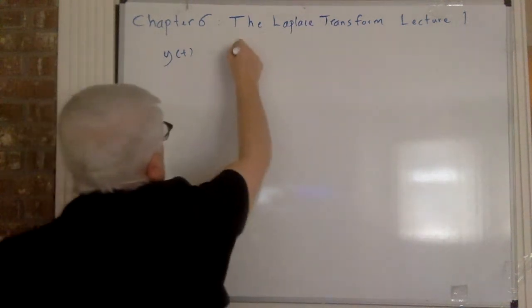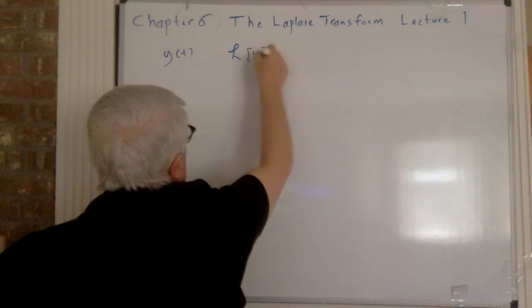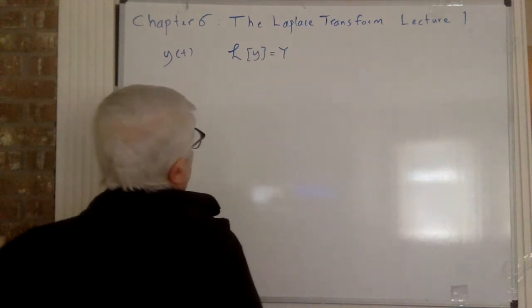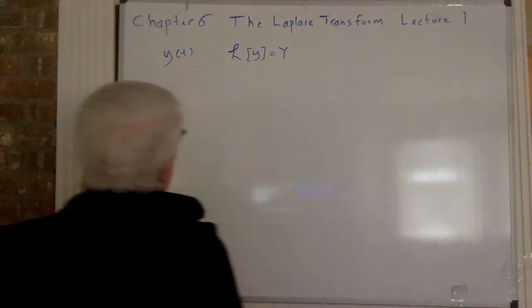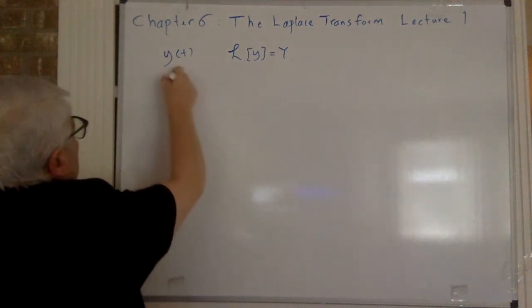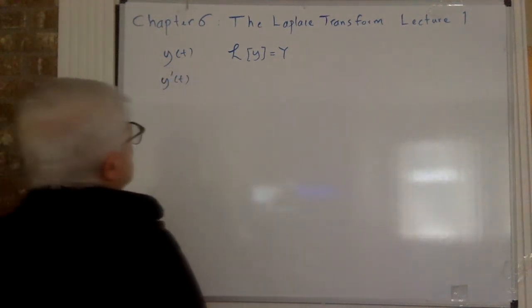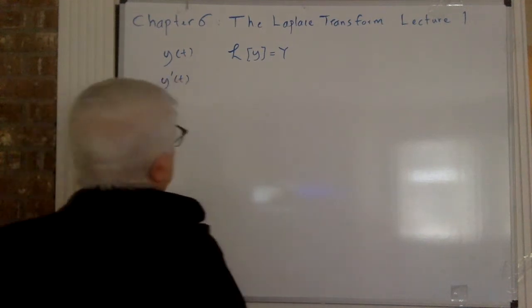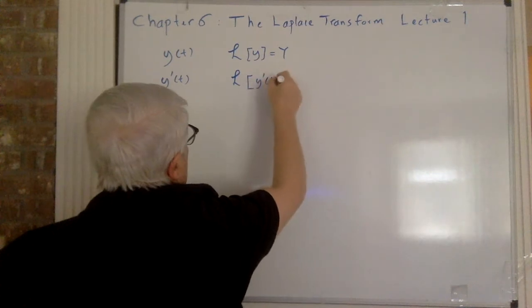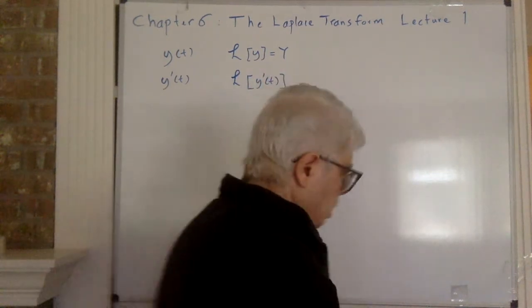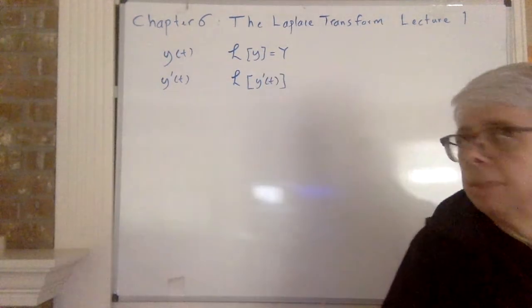So L of y, let's call it this one, right? Now how about y prime of t? What is this? This is where you see magic happening.